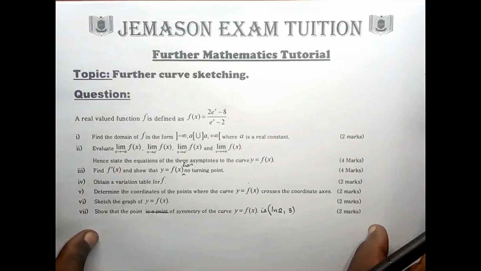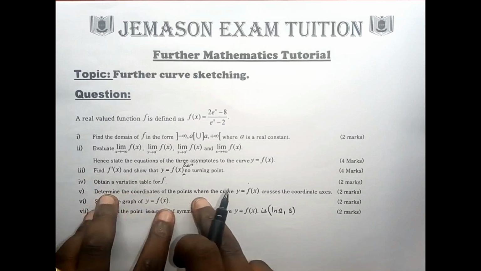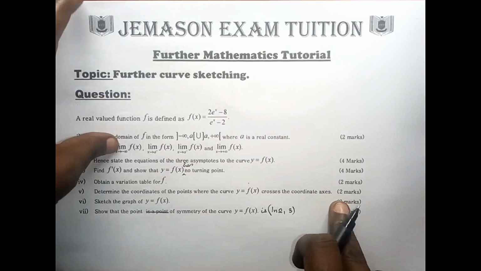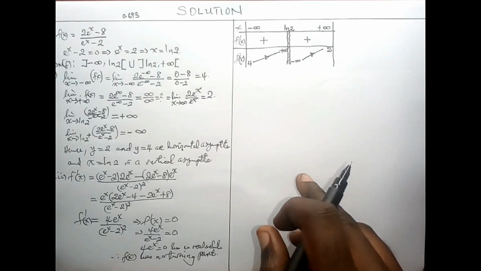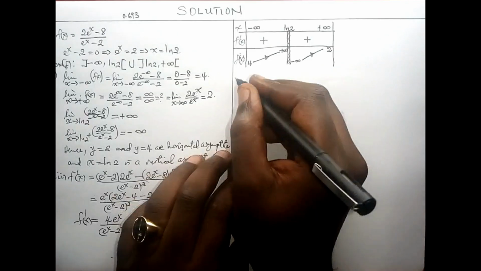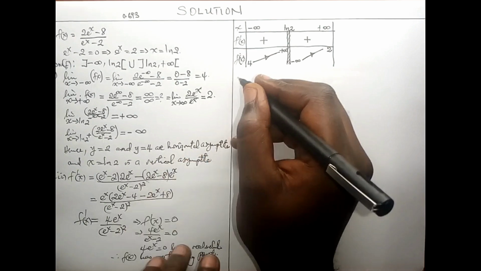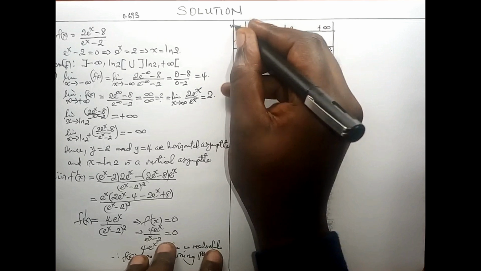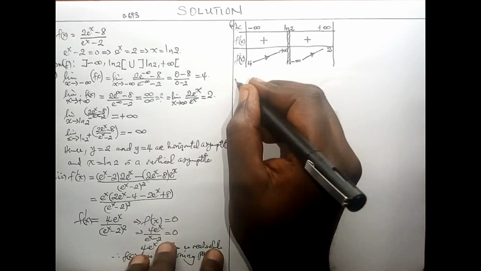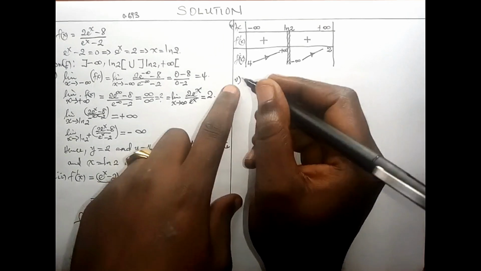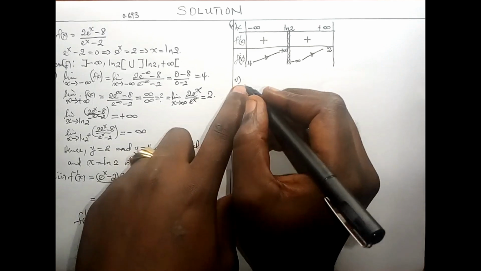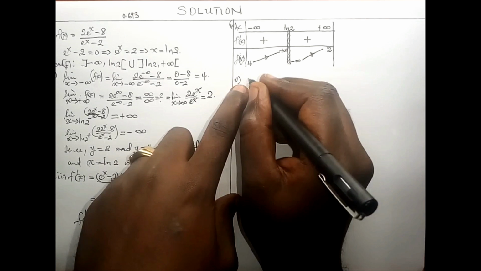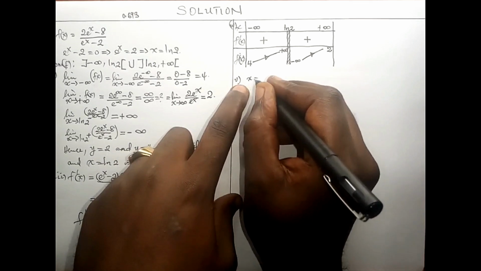This was Roman 4, and this now is Roman 5. In Roman 5, we have to find the value of f of x when x equals 0.